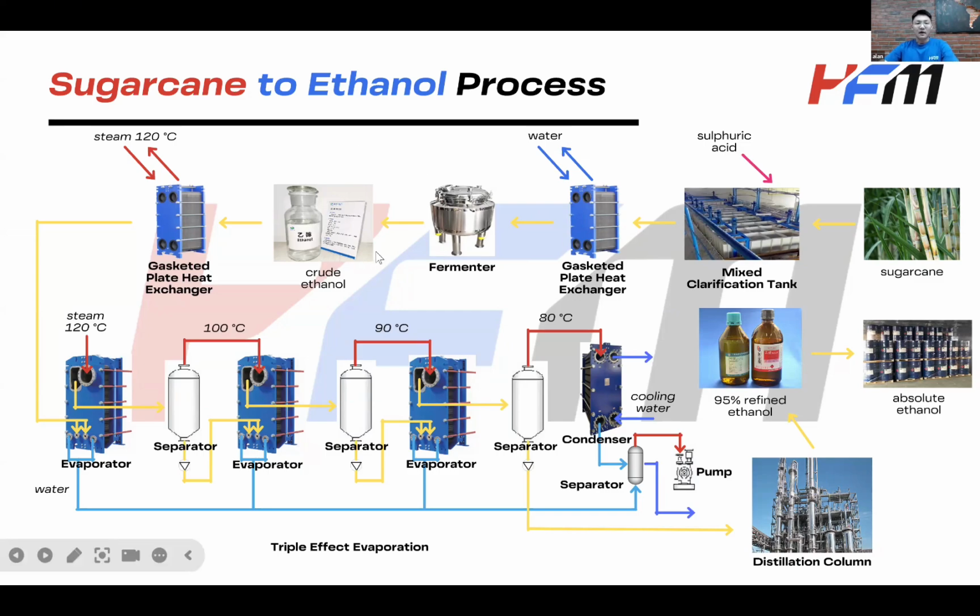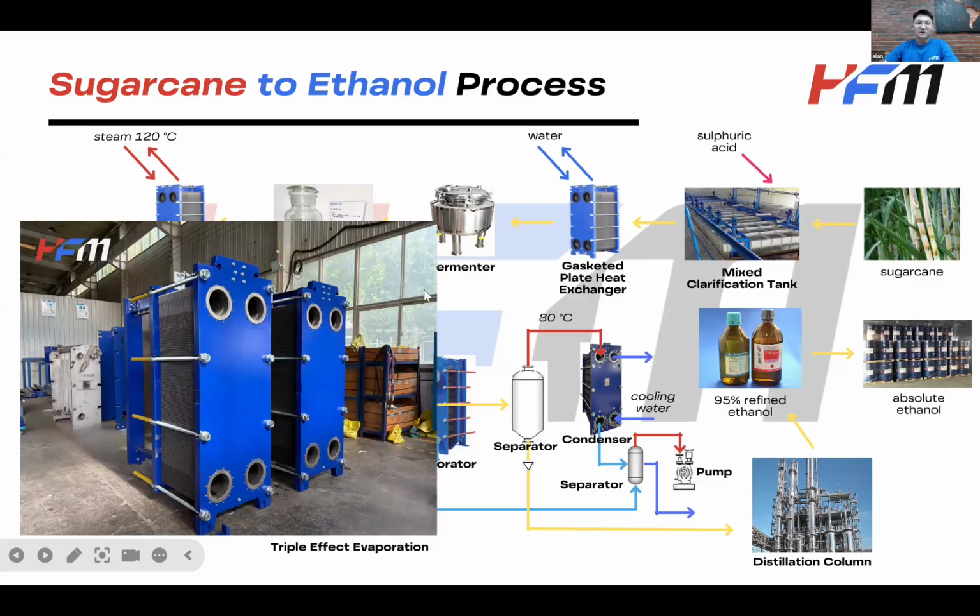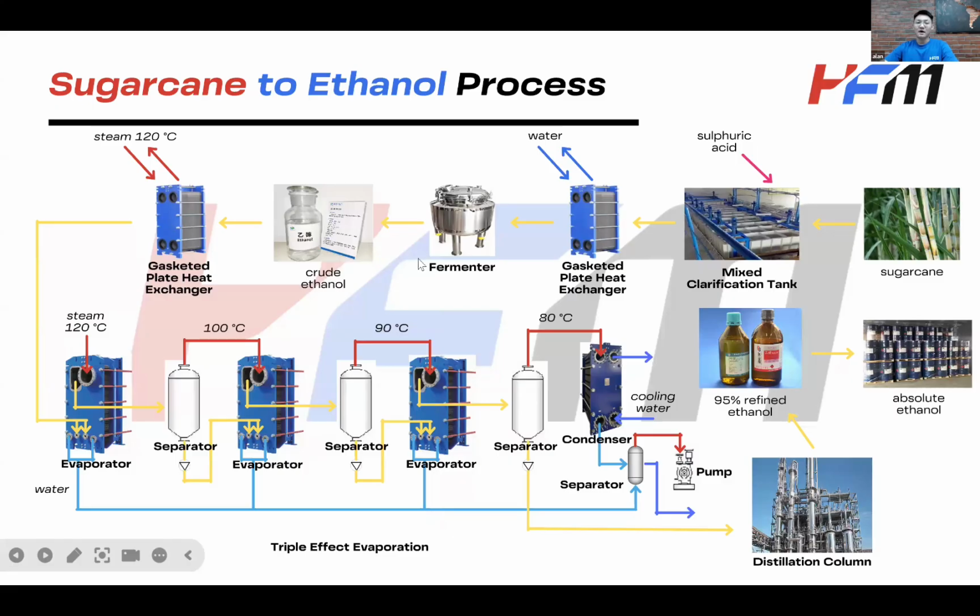Here is a real case picture from Hoffman, taken at the factory. After the fermentation process, we have the crude ethanol. Now the task is to remove the water from the crude ethanol to increase its concentration.